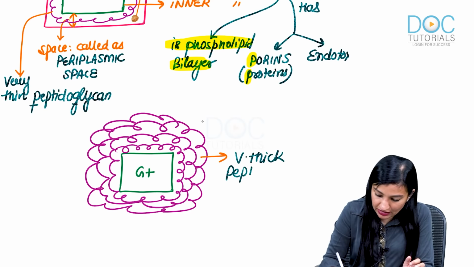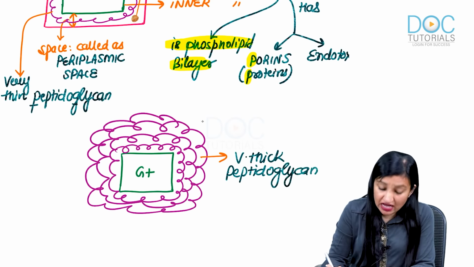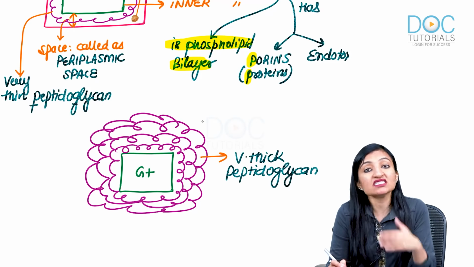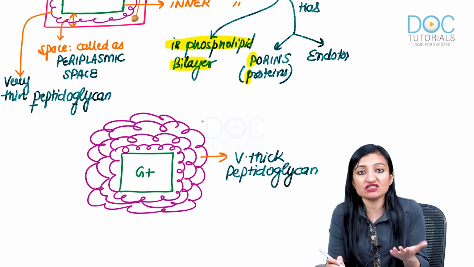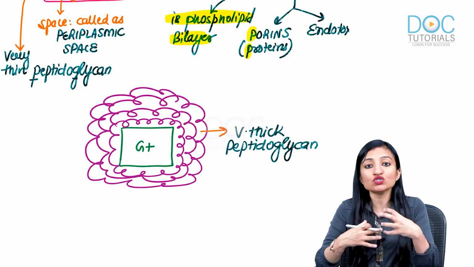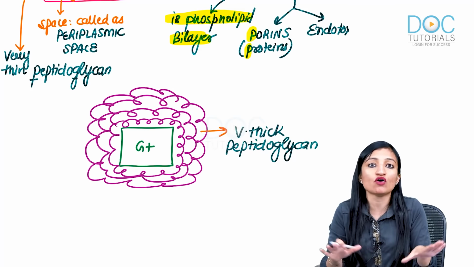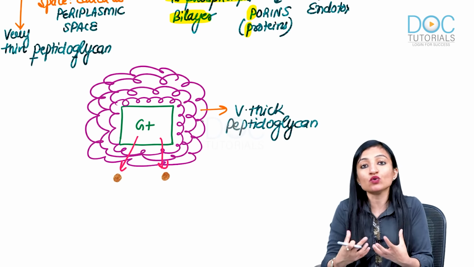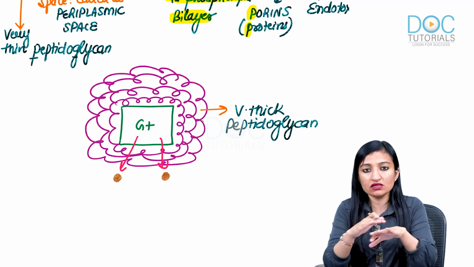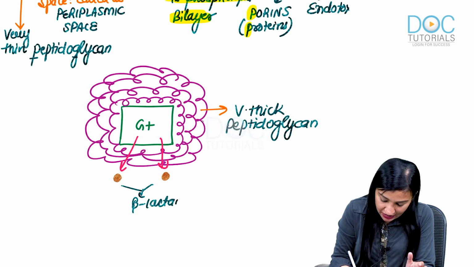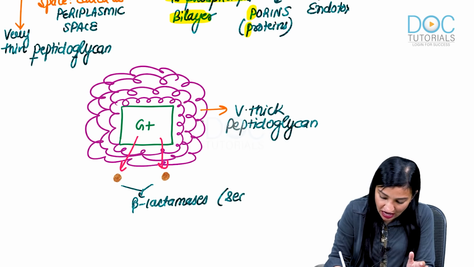Some gram positive organisms can also produce beta lactamase, but since the periplasmic space is not there in gram positive organisms, these beta lactamases are produced and thrown out into the surroundings of the gram positive bacteria. So these golden molecules are nothing but beta lactamases which are actively thrown out or secreted into the local area around the gram positive bacteria.